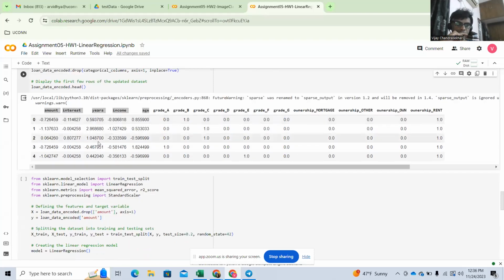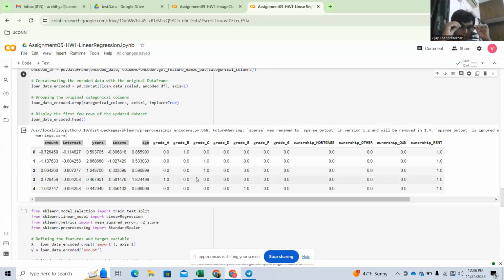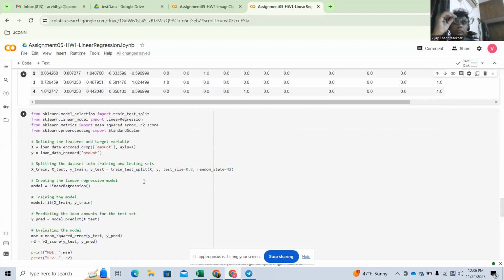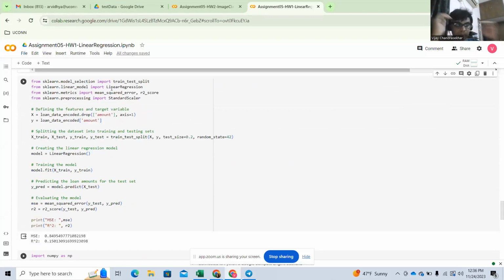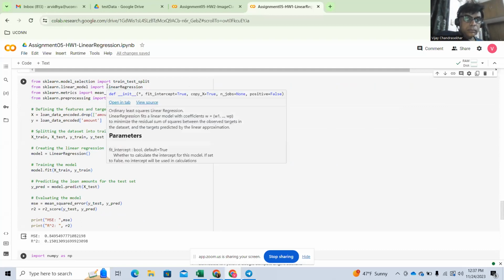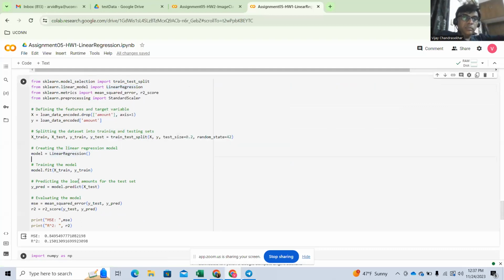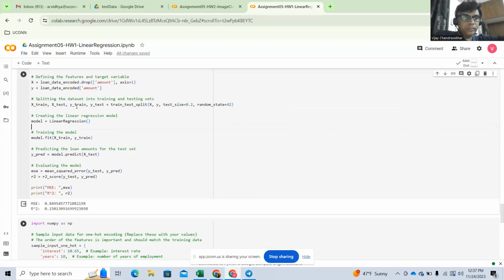So this is the one hot encoding that we have done here. And we'll proceed to train the model using linear regression, and we have seen that the mean squared error is around 0.84, and the R square is 0.15.